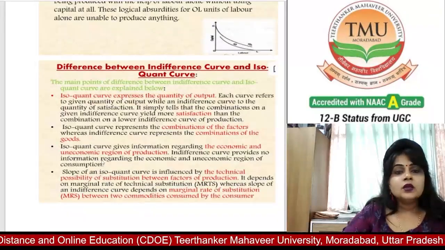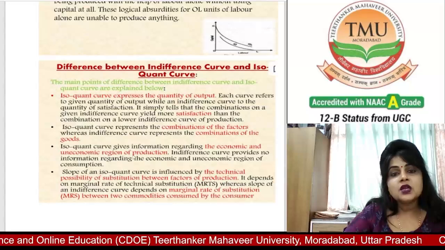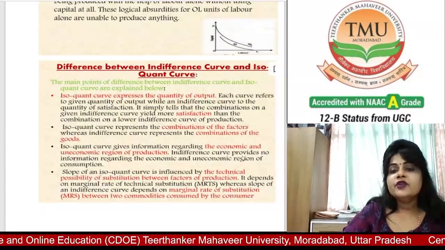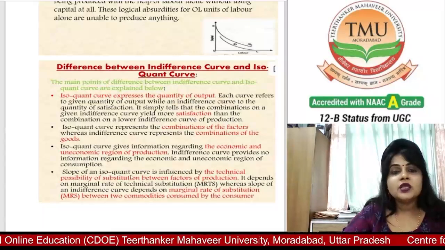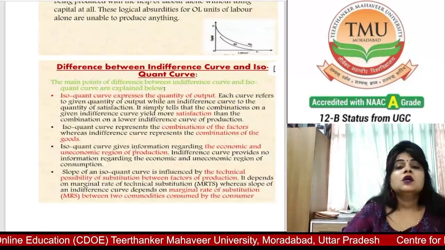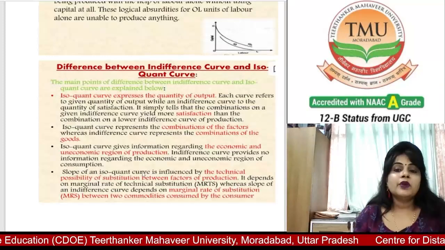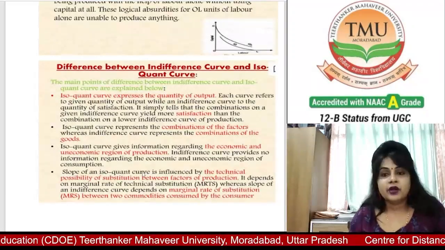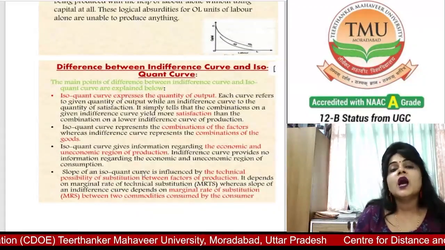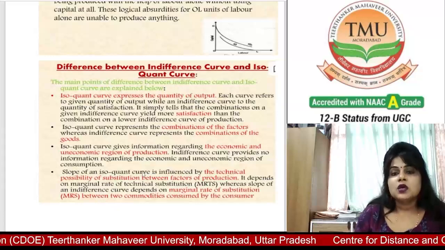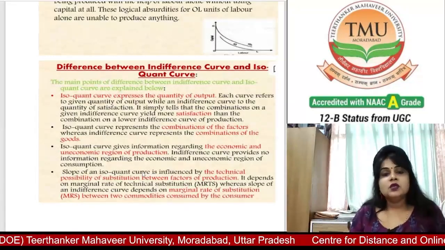The isoquant curve gives information regarding the economic and uneconomic region of production, while the indifference curve provides no information regarding the economic and uneconomic region of consumption. As economic growth depends on the production level of a country, it tells us about the economic and uneconomic region of production, how much production is increasing in an economy.